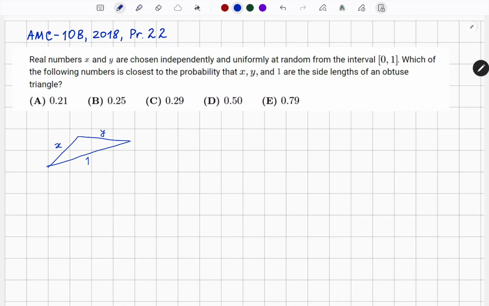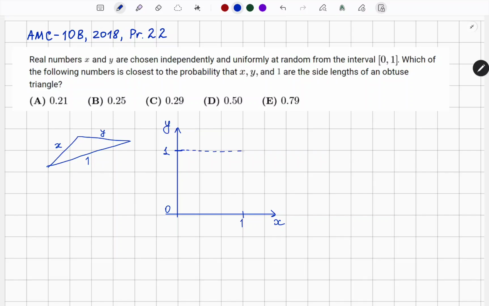For problems like that, where x is uniformly distributed over the interval from 0 to 1, and y is also distributed on the same interval, we can represent the situation on the xy plane. X is from 0 to 1, and y is from 0 to 1.